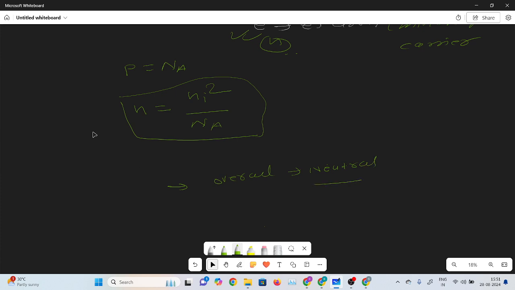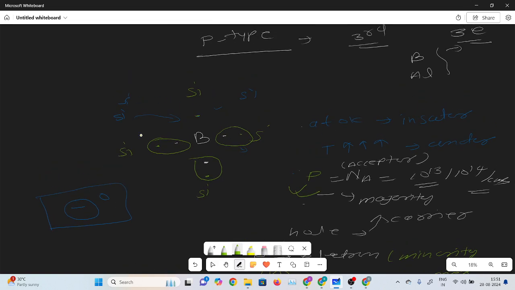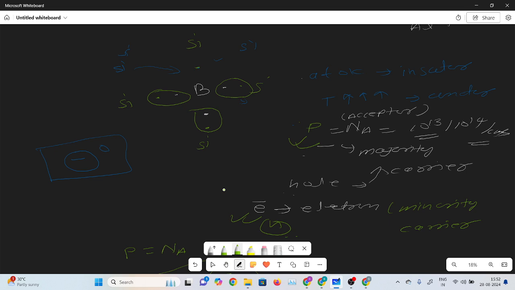See, in case of the p-type semiconductor, I dope the third group element, so one electron is less. That's why this is the acceptor atom. In case of the p-type semiconductor, the hole is the majority carrier concentration and electron will be the minority carrier concentration. This is the hole for p representation.